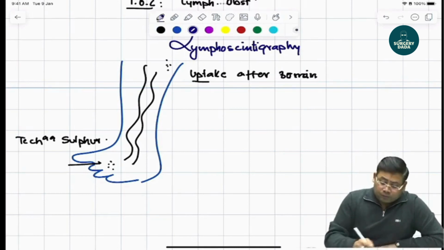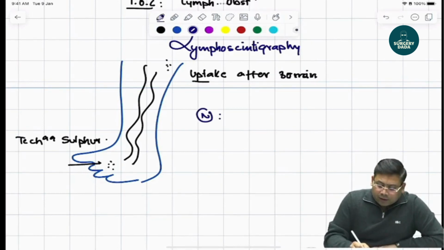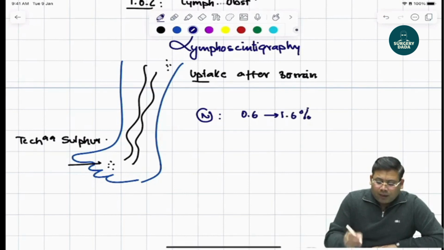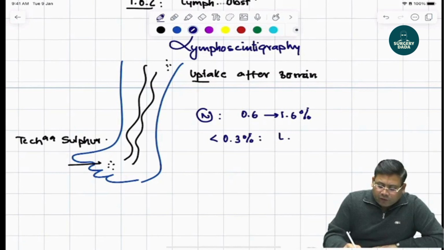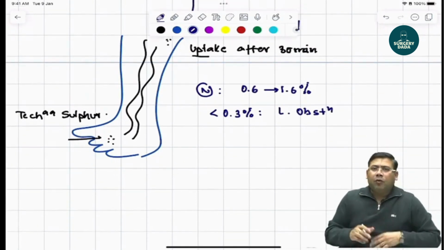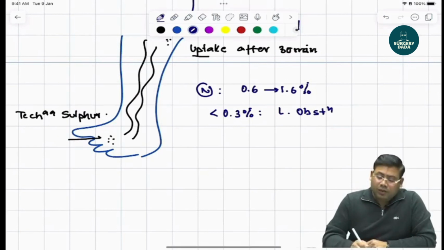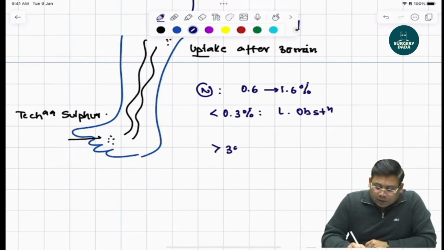Now what to do? Normal uptake after 30 minutes is 0.6 to 1.6%. Remember, uptake less than 0.3 is indicative of lymphatic obstruction. Sometimes there is a lymphedema you are not able to diagnose, and you did this lymphoscintigraphy and you saw that uptake is more than 3%.